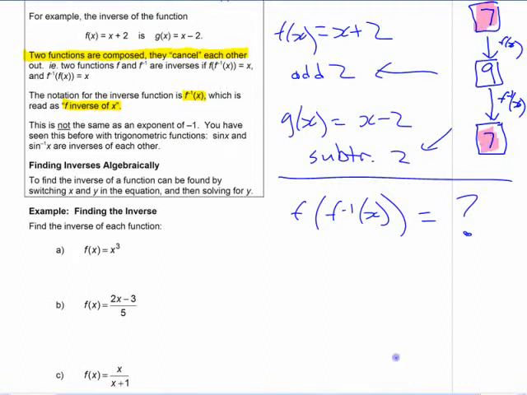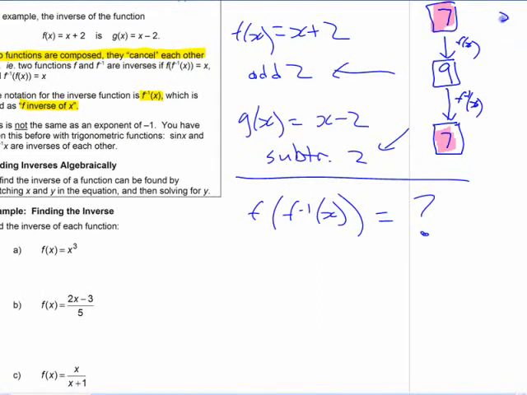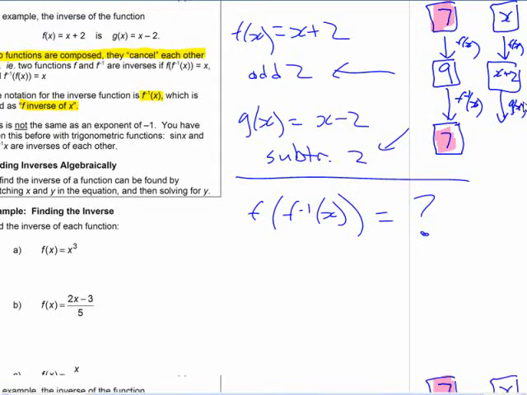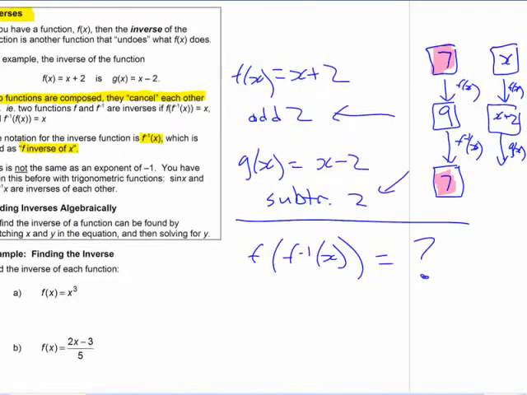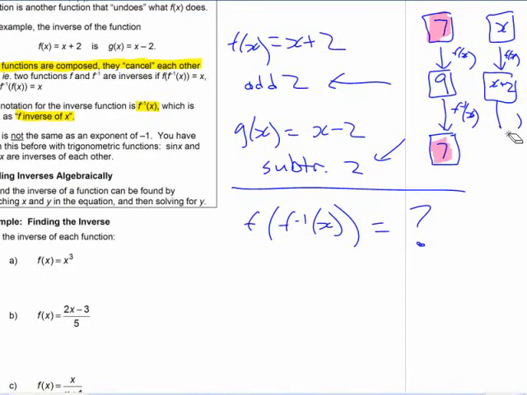So it makes sense that if I start with x and I apply f of x, I'm going to get x plus 2. And then if I apply f inverse of x, what do I get? You add 2, then you subtract 2, you're going to get x again.